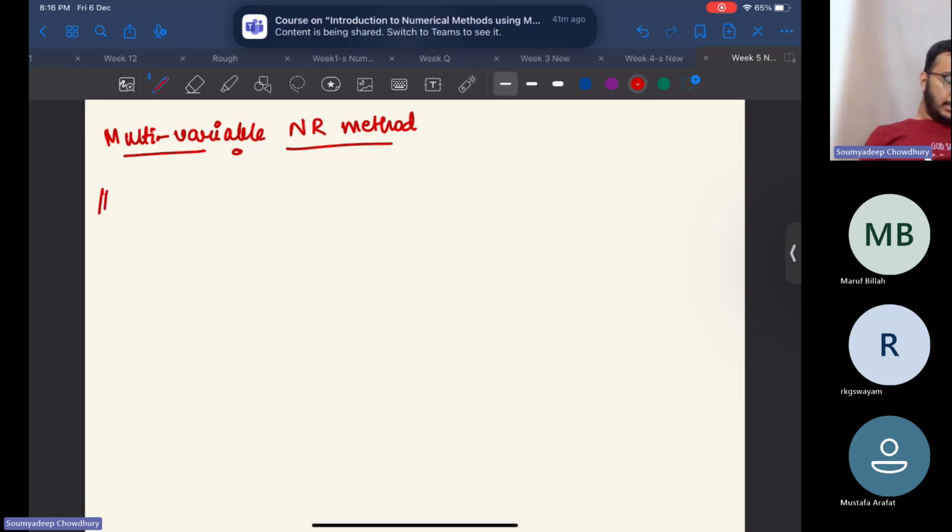So here I'll take an example. First equation is equals to 0, and the second is x power 2 plus 4 plus y.